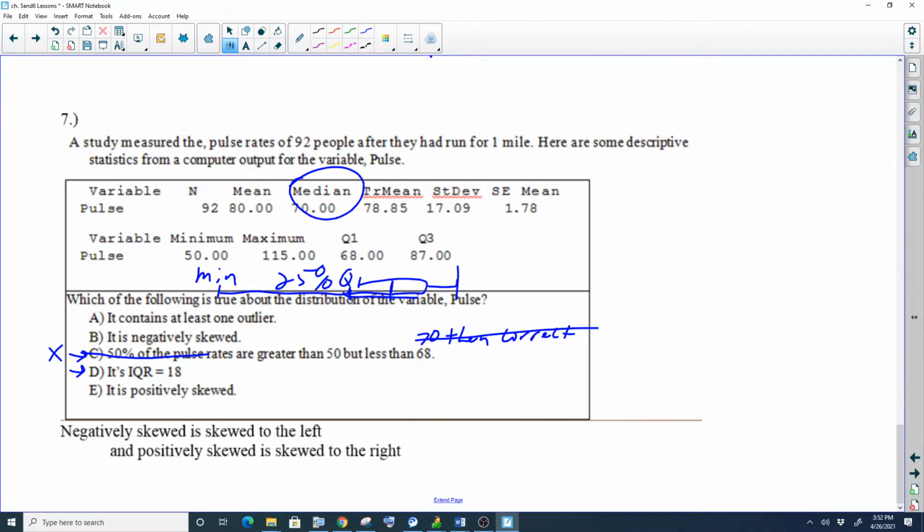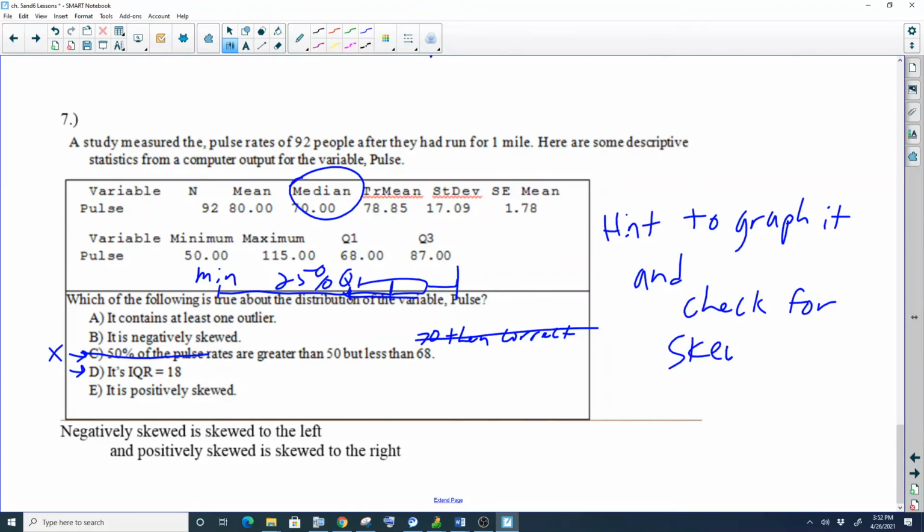Okay, so check the IQR, check the negatively skewed. My hint to you for this problem is to graph it and check for skewness. I highly recommend you graph the box and whisker plot for this one, because I'm pretty sure this one is either negatively or positively skewed, which is skewed to the left or skewed to the right.